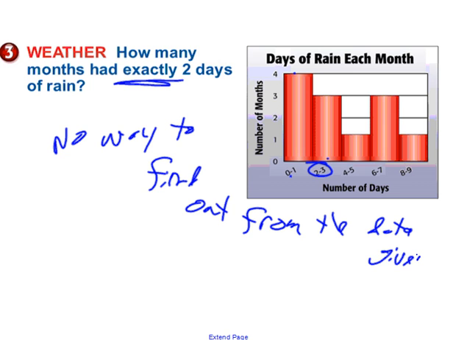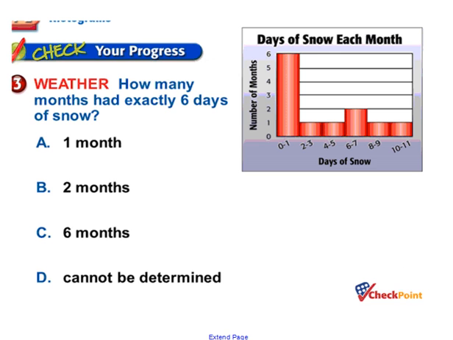No way to find out from the data given. I can't tell how many had exactly 2. I can tell how many had 2 or 3 and how many had more than that, but there's no way to tell how many had exactly 2 days.